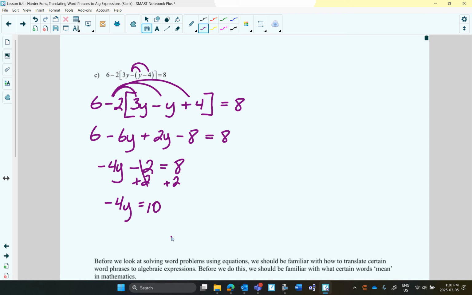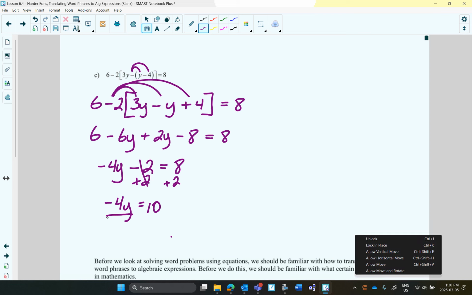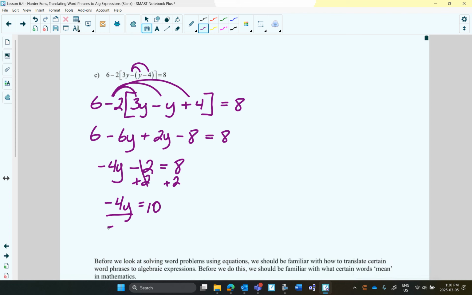Next step. Divide by what? 4. No. You got to divide by the exact same thing. 2. No. Divide by -4. Remember, to cancel out division, you got to divide by the exact same thing. Which means I got to divide this side by -4.